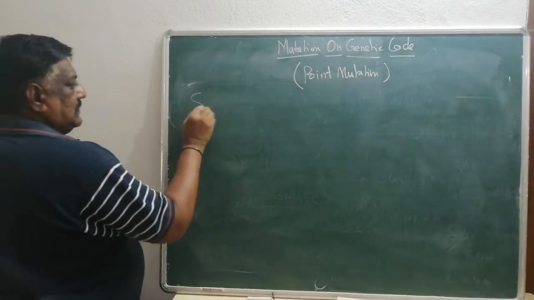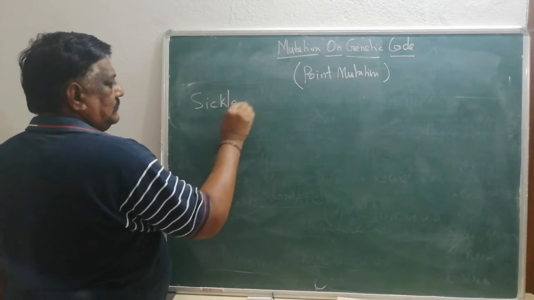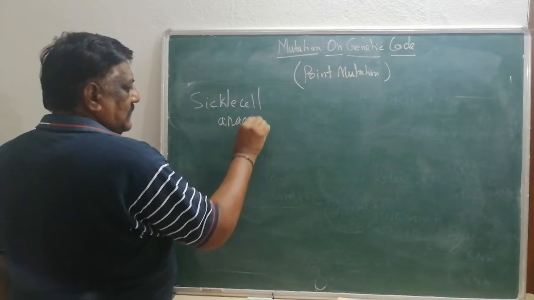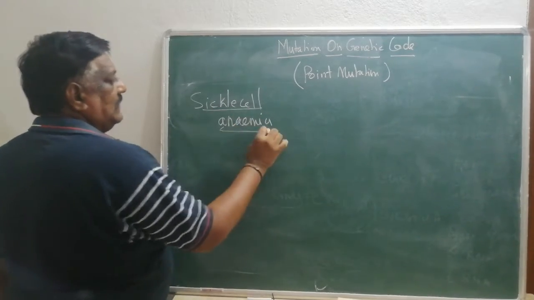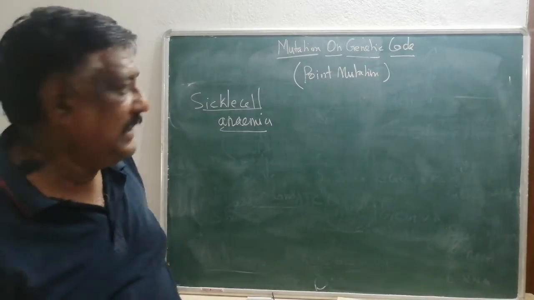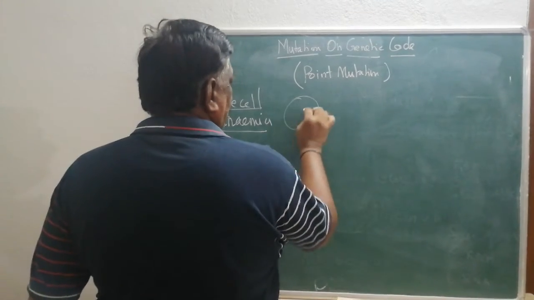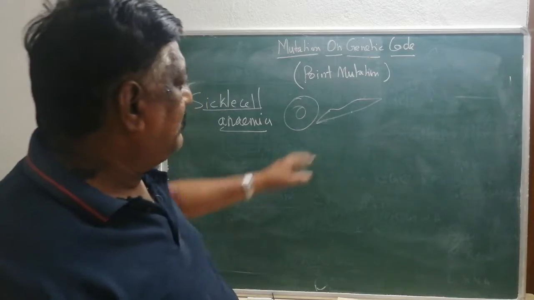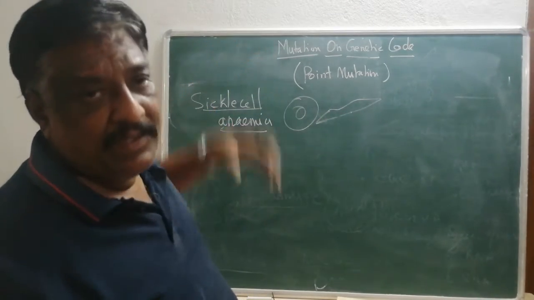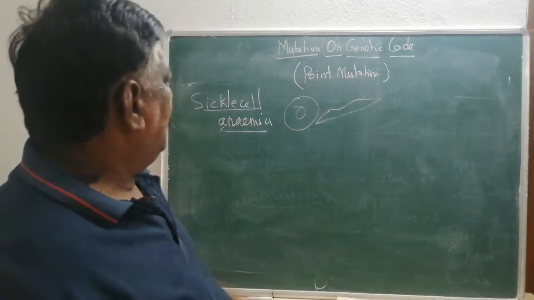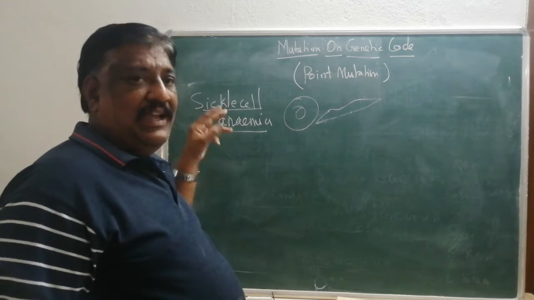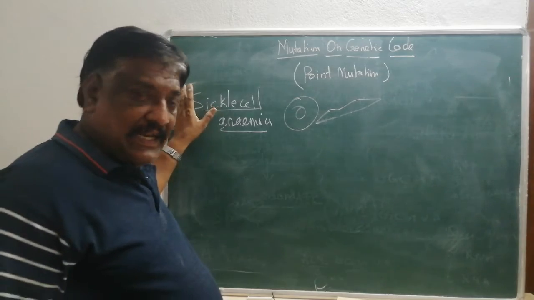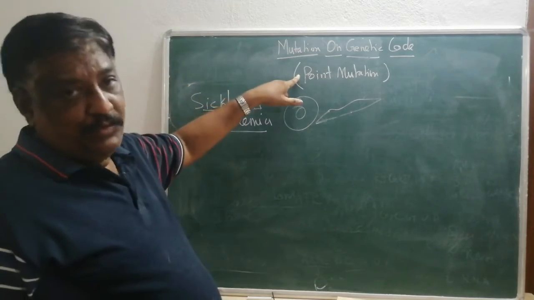The example is sickle cell anemia, a diseased condition where the RBCs from a normal stage become elongated. Once elongated, they cannot carry a proper amount of oxygen, which leads to an anemic condition, with less transport of oxygen. That is sickle cell anemia, which is a point mutation.